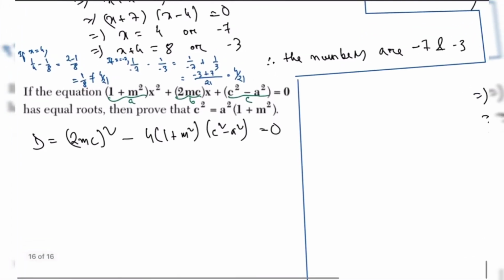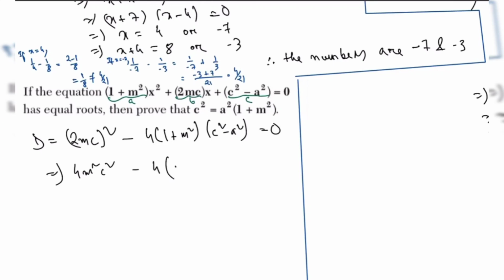This is what we want. So what do we have? 4m square c square minus 4 times the whole thing, c square minus a square plus m square c square minus m square a square equals 0.